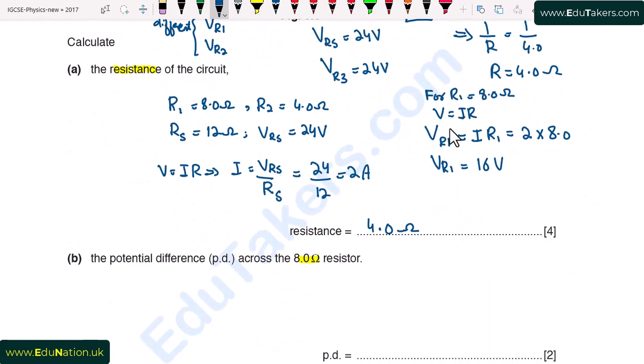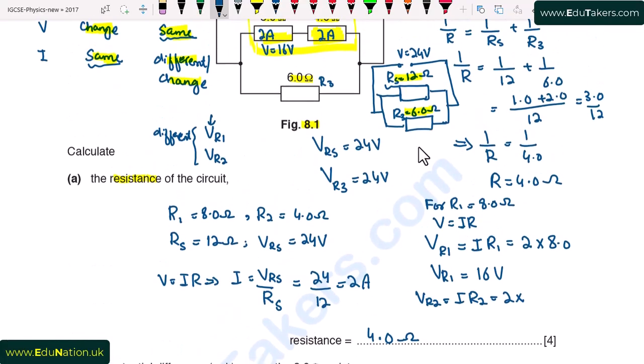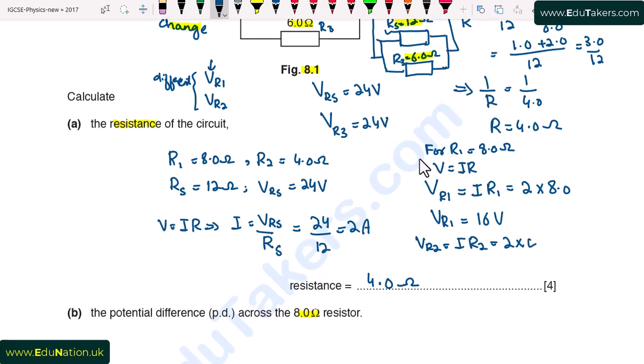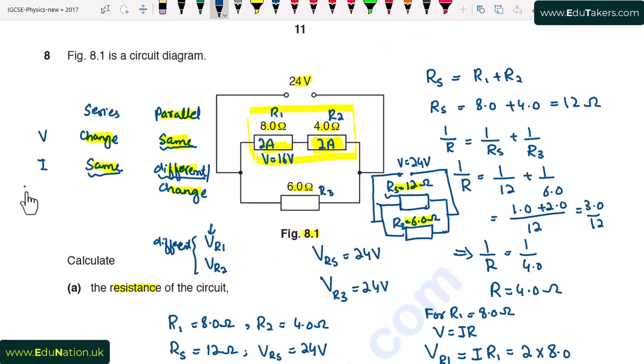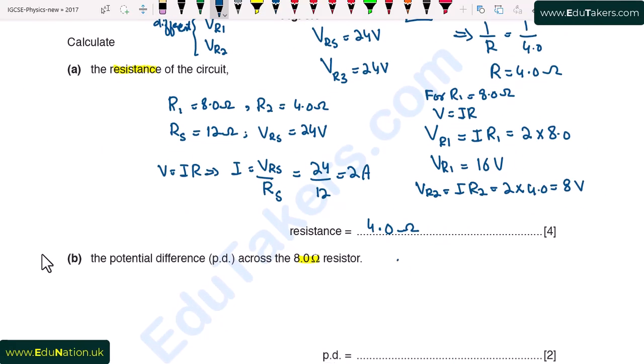So I write here, V of R2 is equal to I R2. Current is again 2 ampere and its resistance is 4.0 ohm, which is equal to 8 volt. So we can see from here that in the series combination the potential difference is divided, and V of series is equal to VR1 plus VR2, because we have two resistances in series.